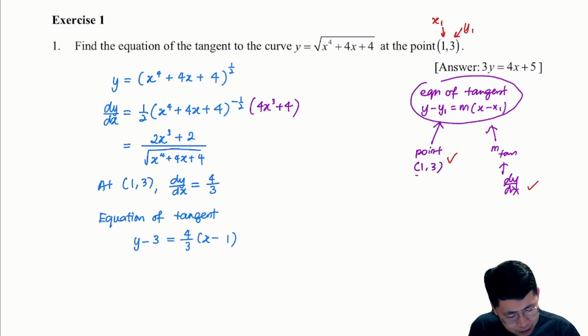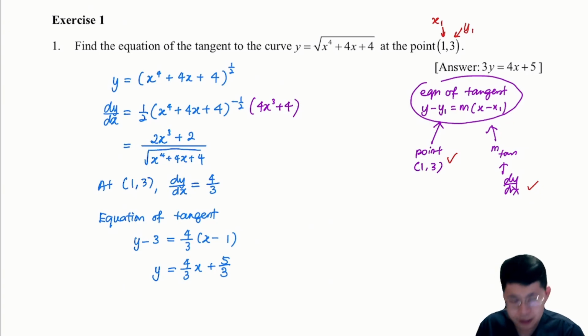Putting the point into this equation of tangent, let us expand and simplify. Over here we have 4 over 3 x, and after simplifying, we get 5 over 3.